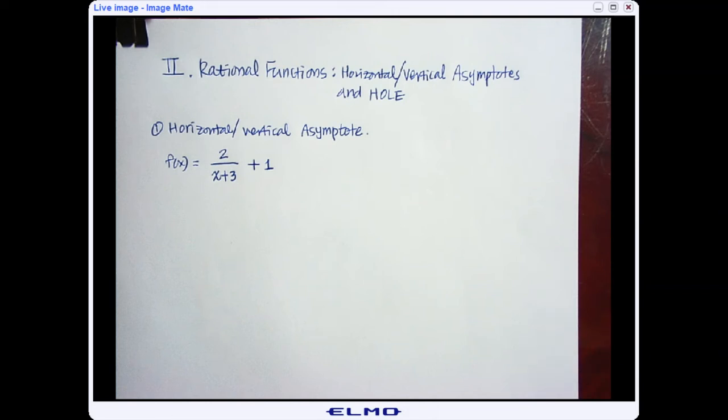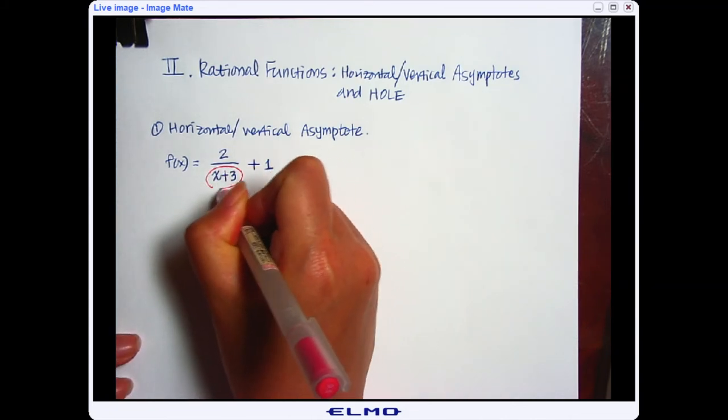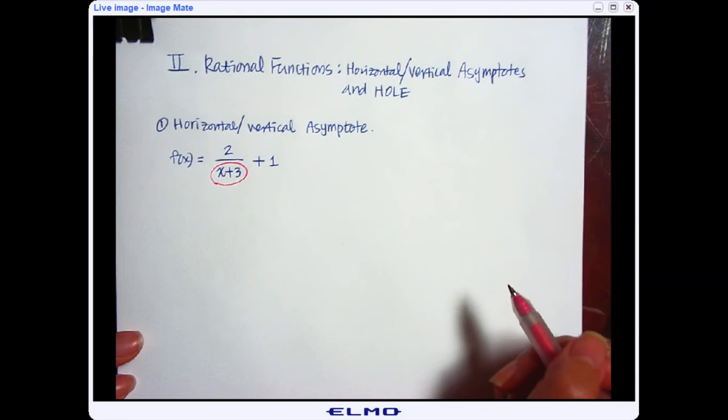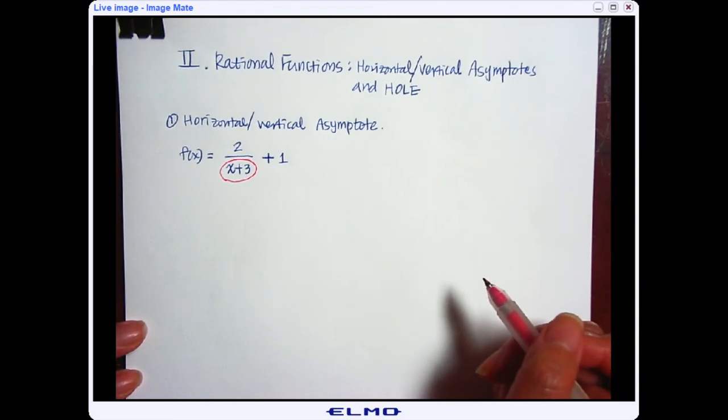So then now let's observe the whole structure of this equation here. First of all, we will look at the denominator, x plus 3. As we've been observing from all other function equations, the value that goes directly with the x variable involves horizontal shift.